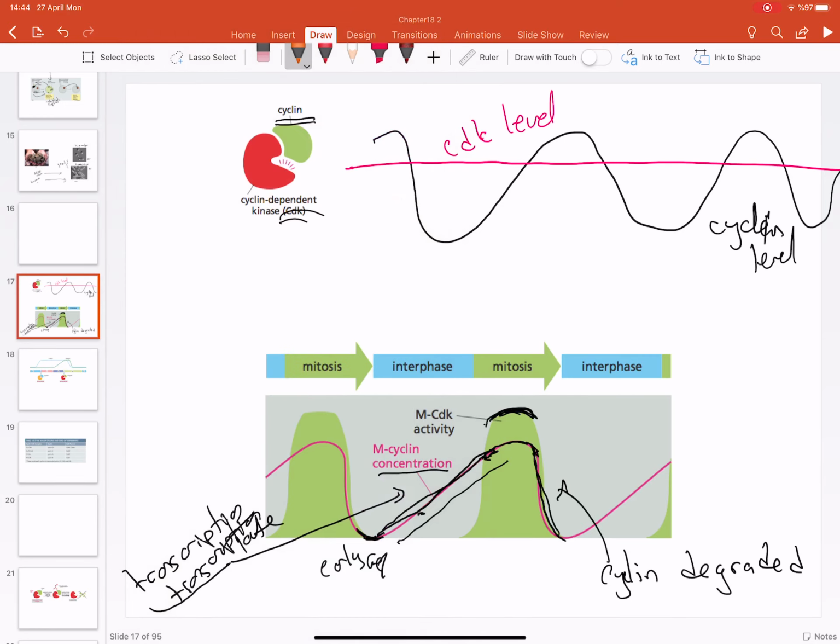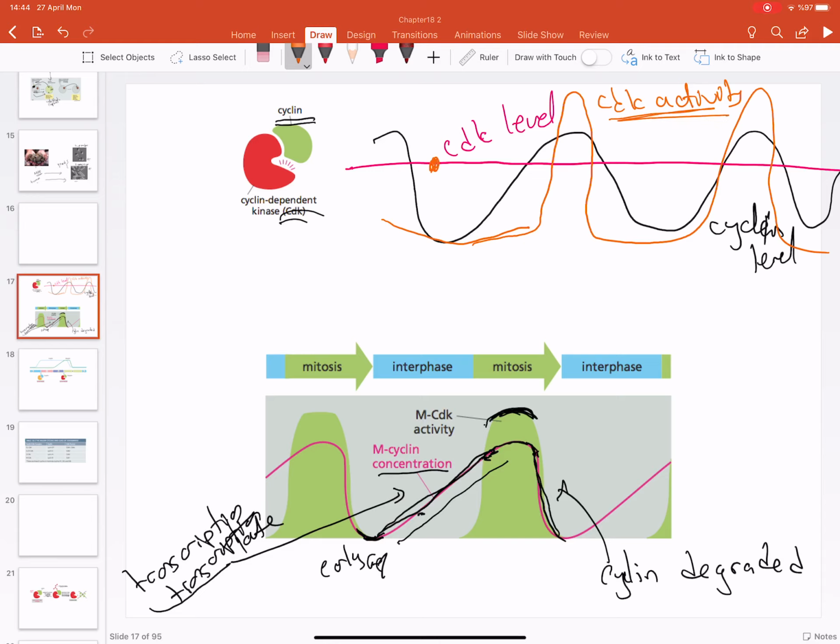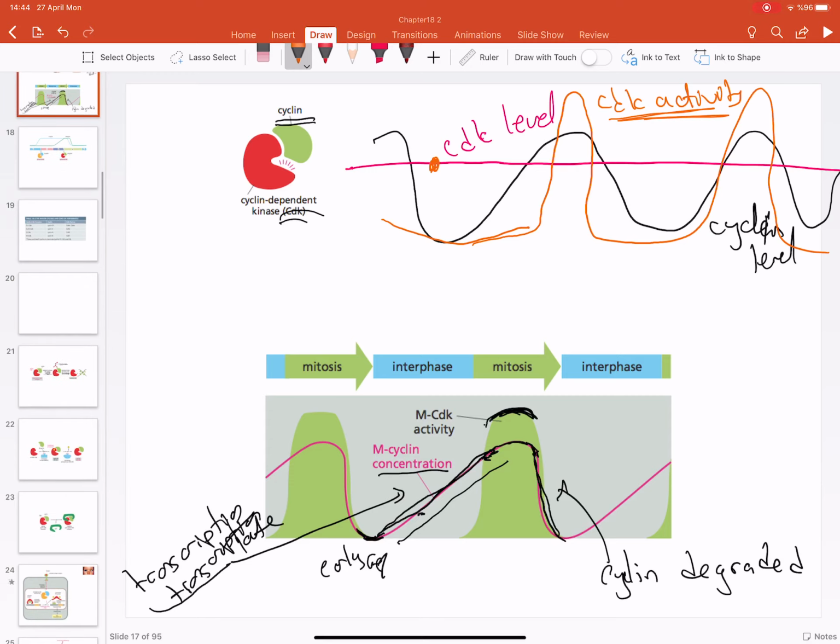Let's say this is the CDK activity. It is silent, silent, silent. Here it increases, decreases. Here it increases, decreases. The fact that you have CDK here in the interphase doesn't mean that CDK will be active.